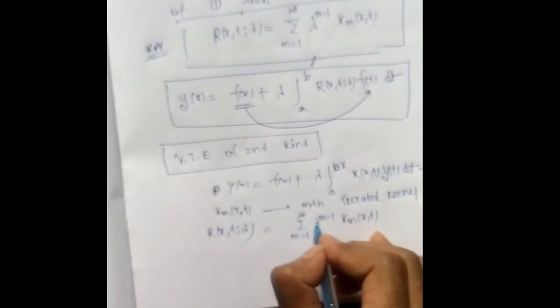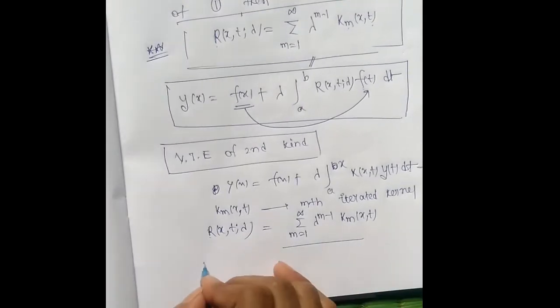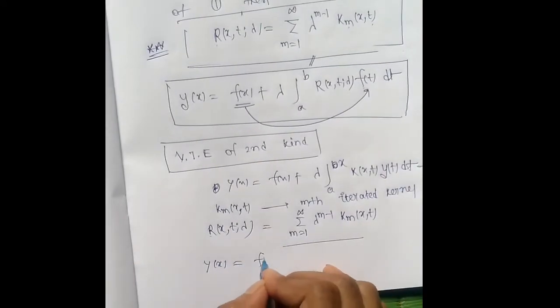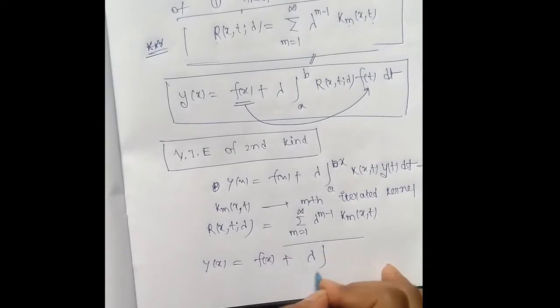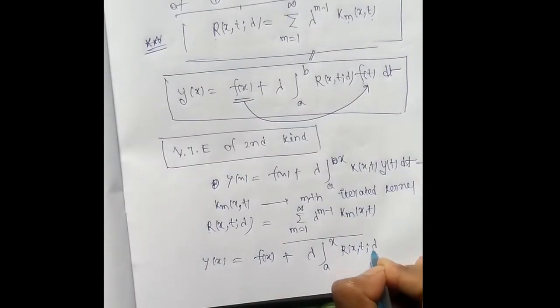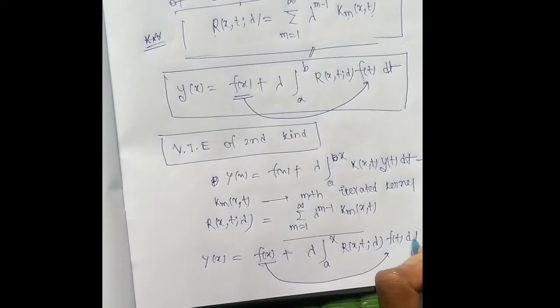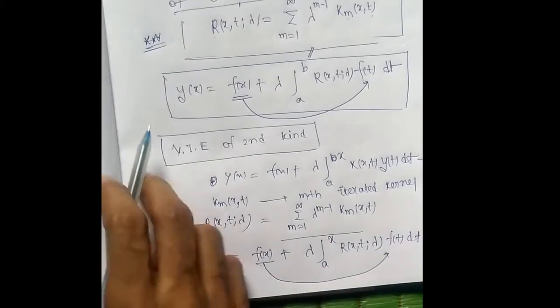Okay, this is also an infinite series. If this infinite series exists, the solution is y(x) equal to f(x) plus lambda integration over a to x R(x,t;lambda) f(t) dt. Okay, this is very very important.